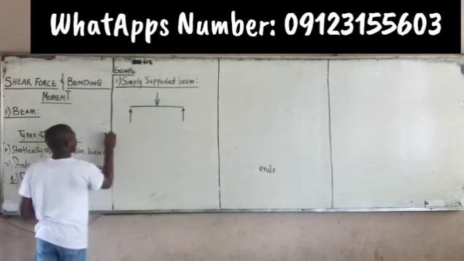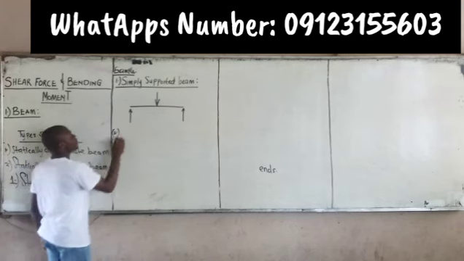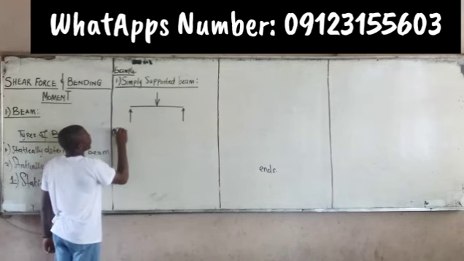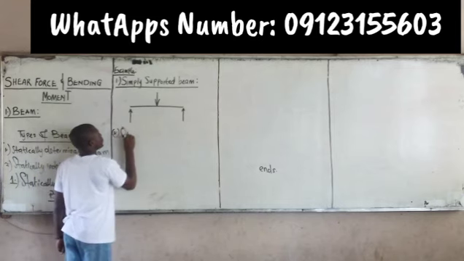The second example of statically determinate beam is called the overhanging beam.